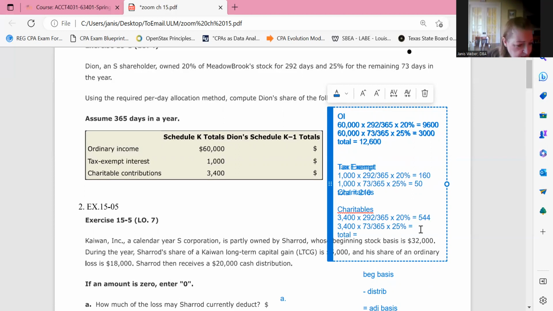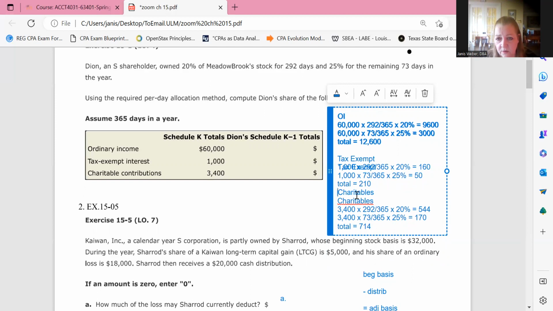And then when you calculate 3,400 times 73 divided by 365 times the 25% for the last piece of the year, you wind up with $170 as the amount. So when you combine the two, the 25% ownership and the 20% ownership, you get a total of $714 for the charitables.